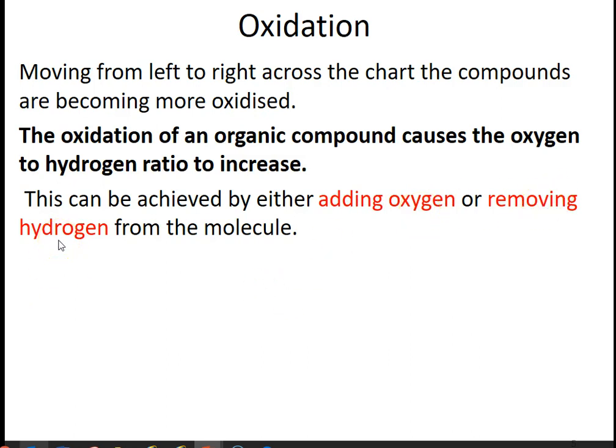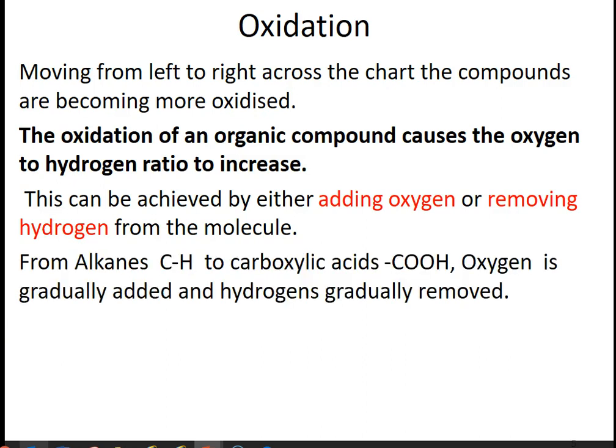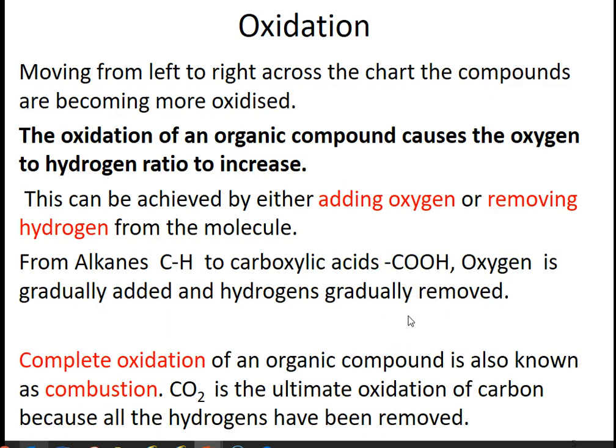So losing hydrogen means the molecule has also become more oxidized. So from alkanes to carboxylic acids, you're going from a carbon attached to a hydrogen to a carbon that's now got two oxygens.